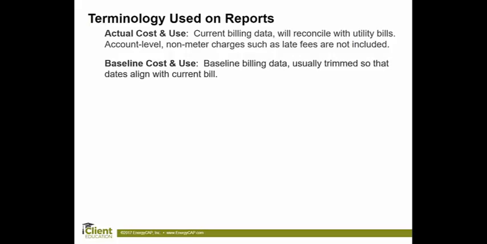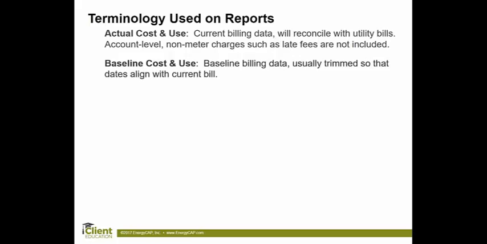It's not massaged or adjusted in any way, except that it is trimmed so that it aligns with the same number of days as in the current bill. So if we show you today's bill that was 32 days, and then we show you the baseline data, that's going to be 32 days of baseline data, which might have aligned exactly with the baseline bill, but then again, maybe it didn't.